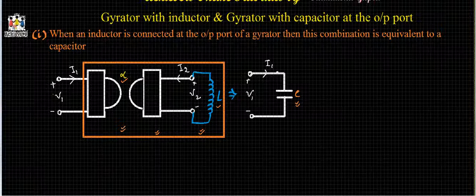For gyrator, we know that the defining equations of a gyrator are V1 is equal to minus alpha I2 and V2 is equal to alpha I1. These two equations are representing this gyrator.